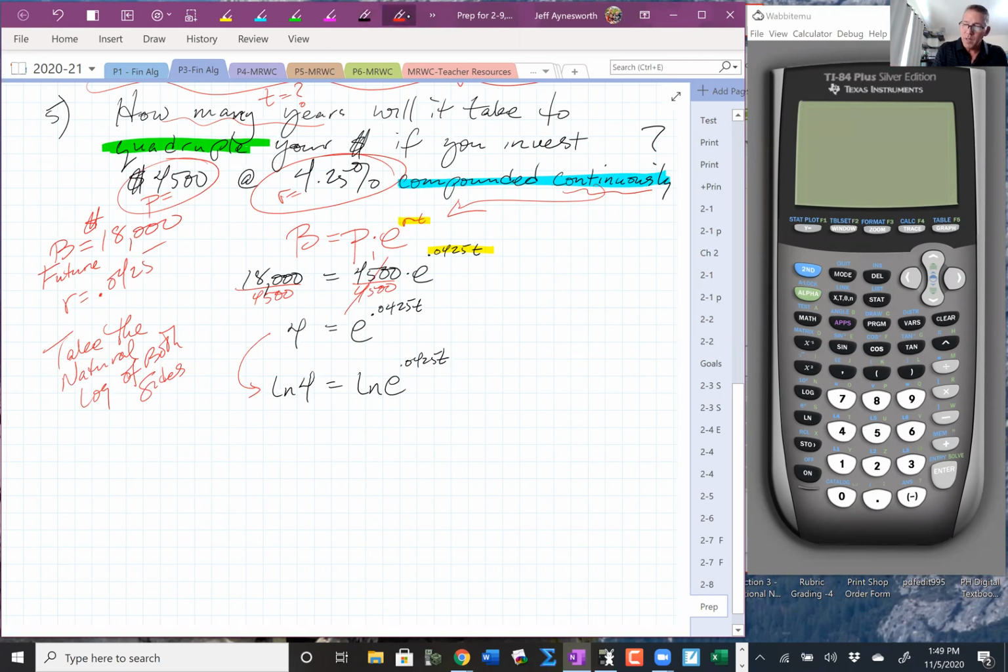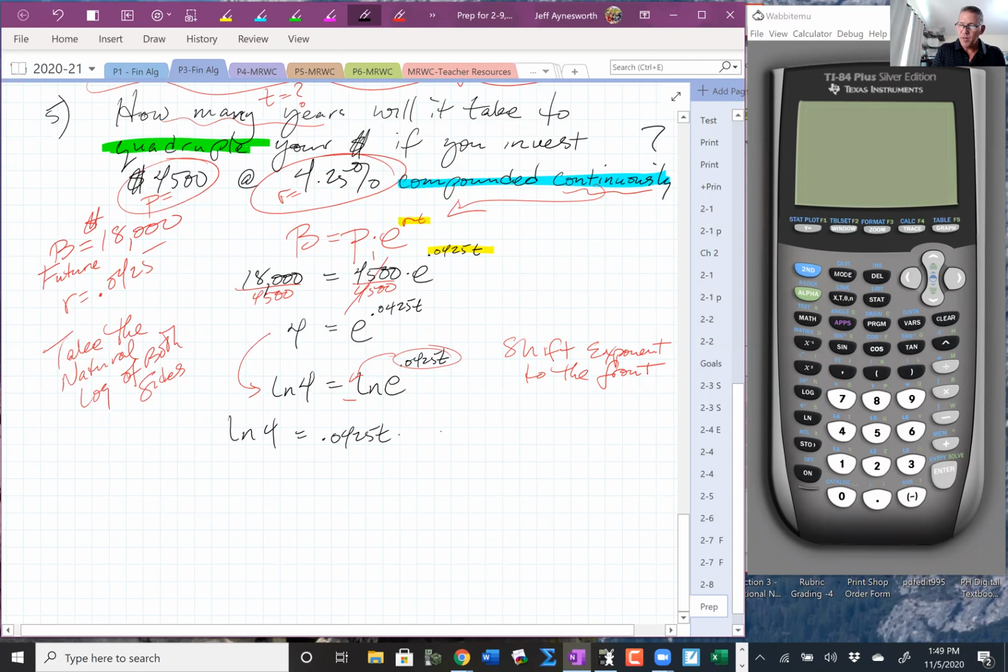So here we go. We're going to take this exponent here and shift it to the front. So we've got the natural log of 4 on the left. And now if I rewrite the expression on the right, I get 0.0425 t times the natural log of e.